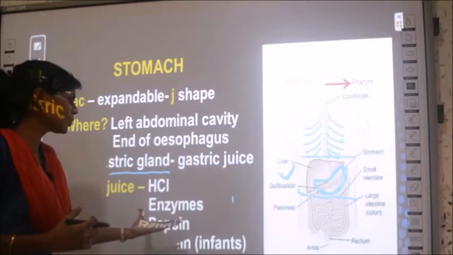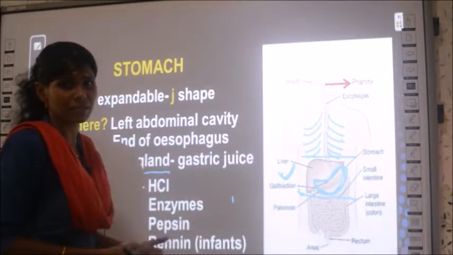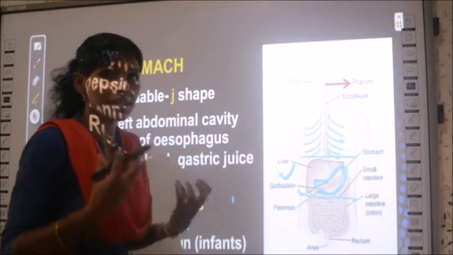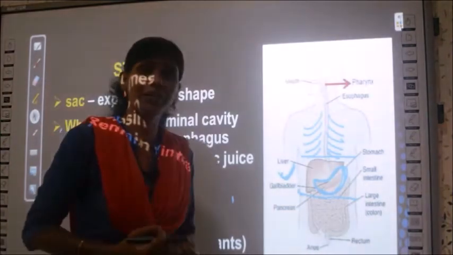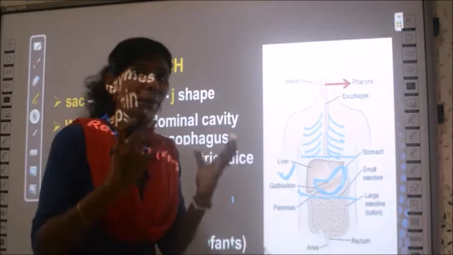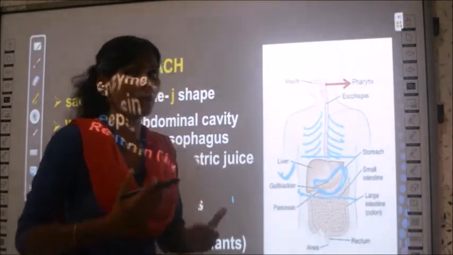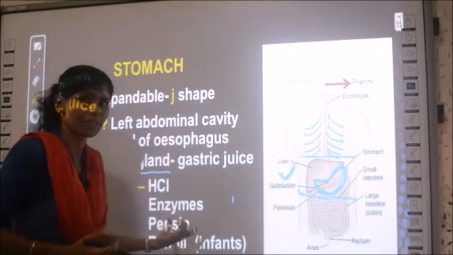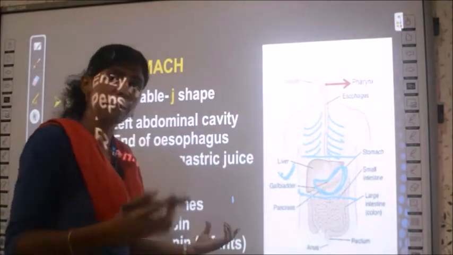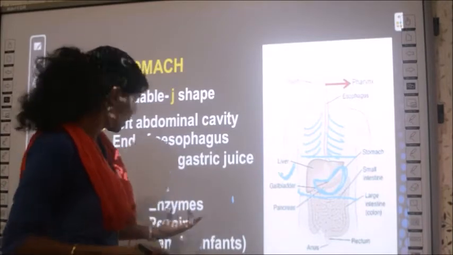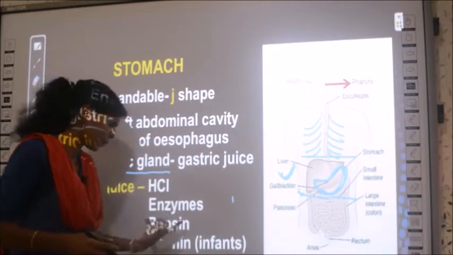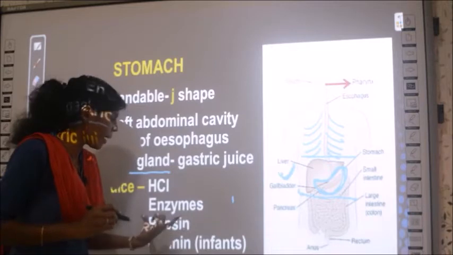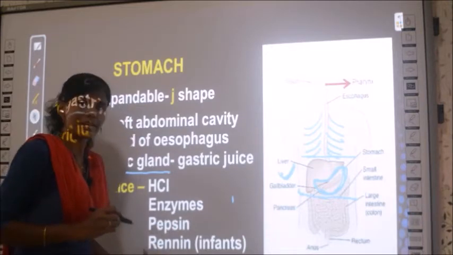Okay, and also you have so many enzymes. What are enzymes? Enzymes are something which help in the digestion of food. Your bigger particles of food will be broken down into smaller particles with the help of these enzymes. About the enzymes you will be learning more in your higher grades. Okay, and then it has 2 more specific enzymes called pepsin and renin.